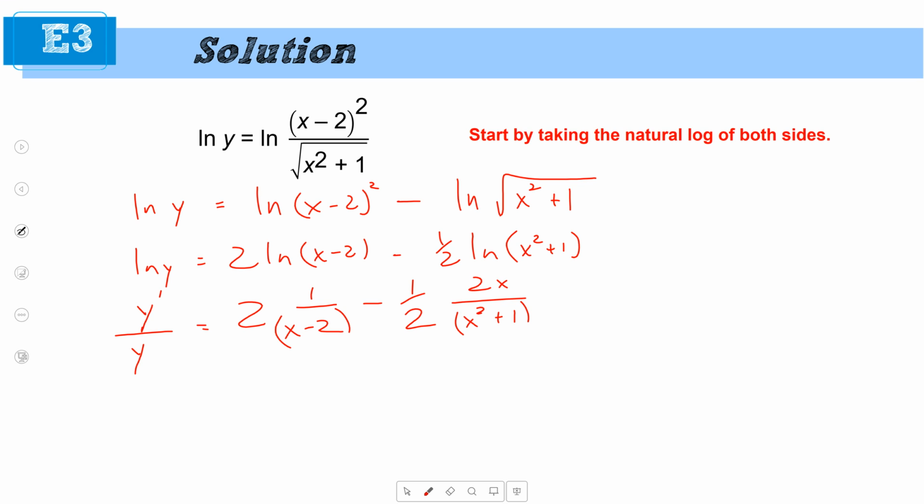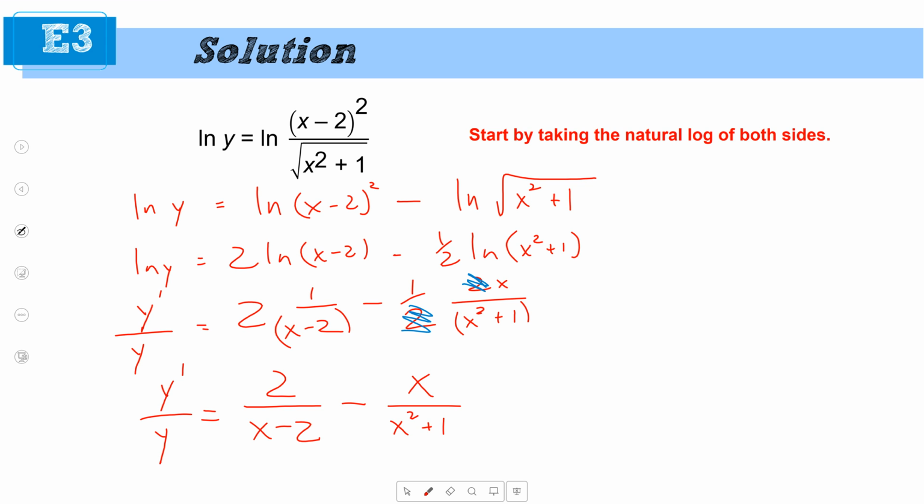Okay, clean it up a little bit. Well, what can I do to clean it up? That goes away with that. I got nothing else to clean up. Y prime over y is equal to 2 over x minus 2 minus x over x squared plus 1.